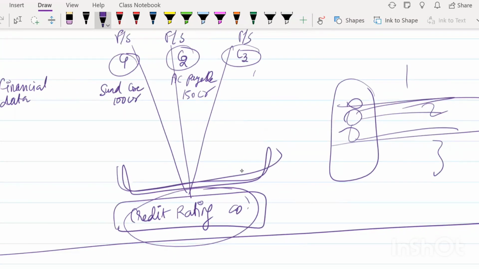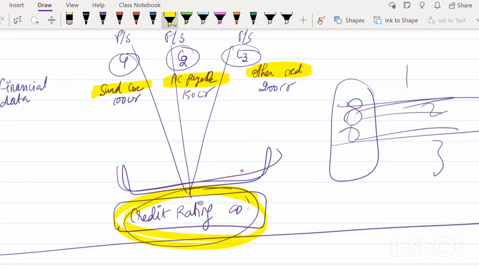And in the third financial statement, it is other creditors of 200 crores. Now, sundry creditors, accounts payable and other creditors are all the same thing. But since they use their own terminologies for reporting, the same financial data has been split into 3.